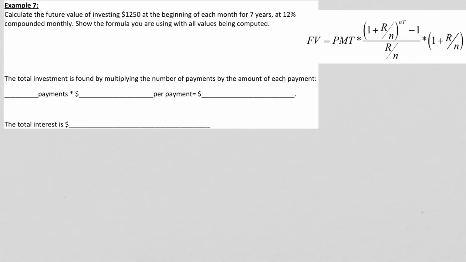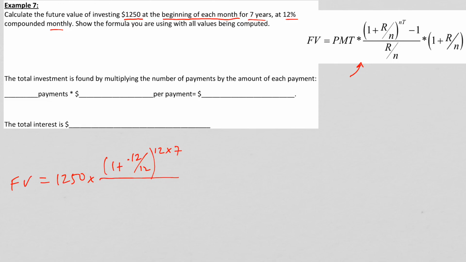Okay, again, we're told that this is an annuity due, but we don't have to be told that. We can infer that, and we know that because this payment of $1,250 is being made at the beginning of each period, in this case month. So our future value is going to be equal to, and we'll use this because it's an annuity due, $1,250 times 1 plus our rate, 0.12, and this is monthly, and this is 12 times 7 years, times this extra factor right there.